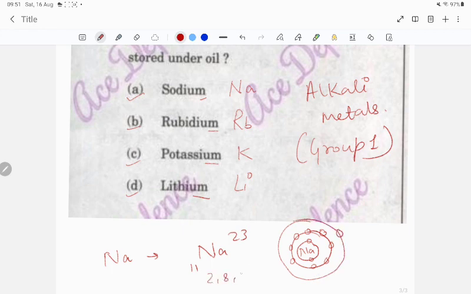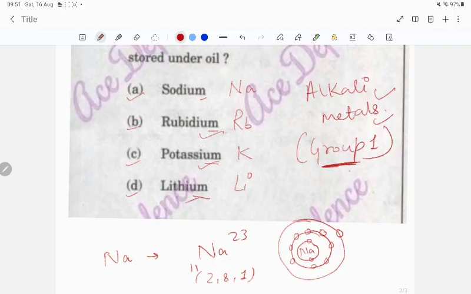So 2, 8, 1 is the configuration here. So 1 electron in the outermost shell. Rubidium will also have 1 in the outermost shell, potassium will also have 1, and as well as lithium. So the 1 electron represents them as group 1, and we call them alkali metals.